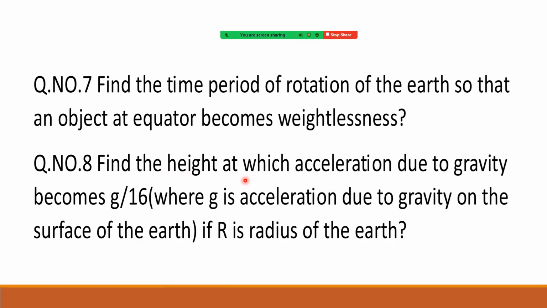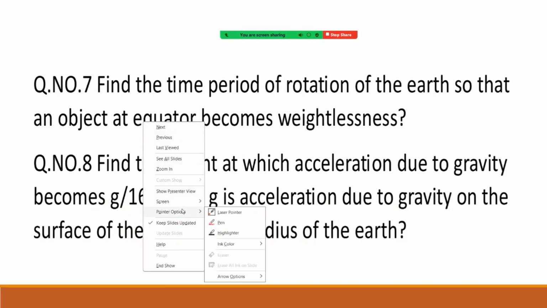Find the height at which acceleration due to gravity becomes g by 16, where g is the acceleration due to gravity on the surface of the earth. If R is the radius of the earth, that means we have to find the height in terms of R. So this question we can solve directly.